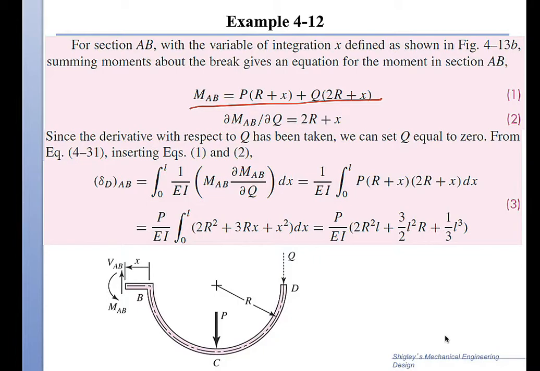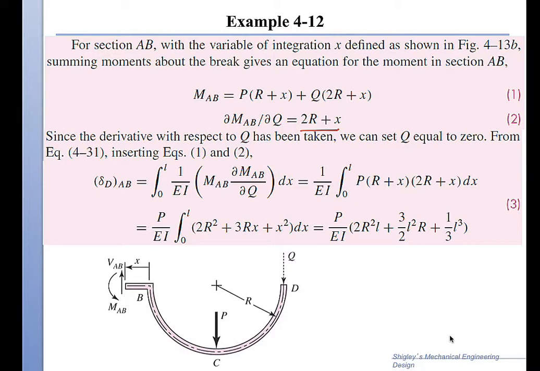And immediately once I find the equation for the moment in terms of x, I can take its derivative with respect to Q. This is where I need the deflection. And therefore I get 2R plus x.